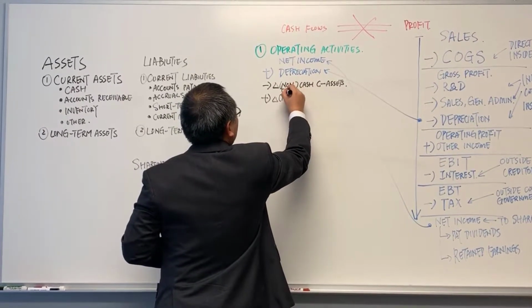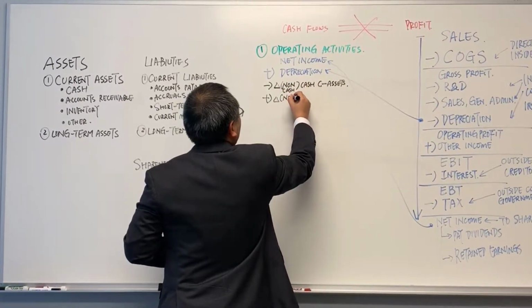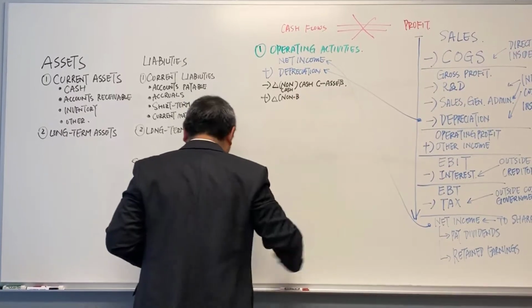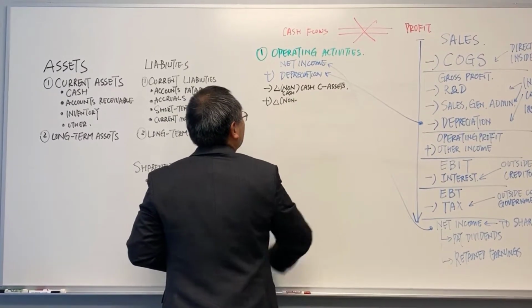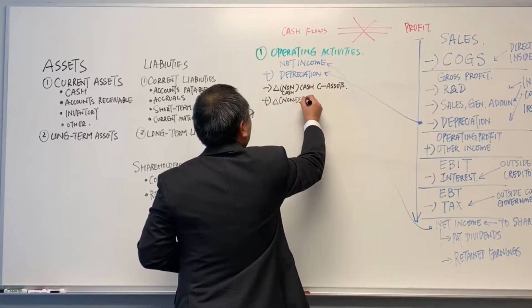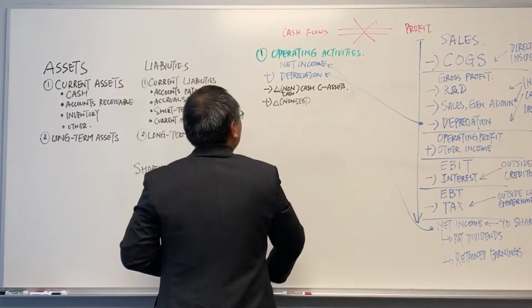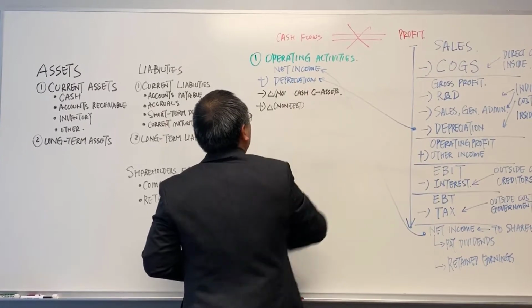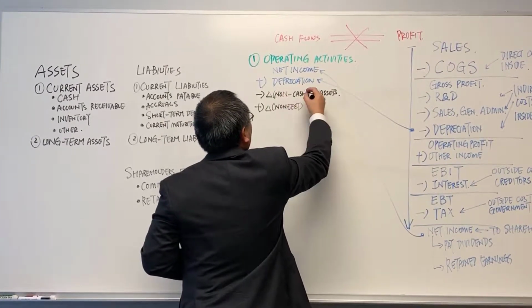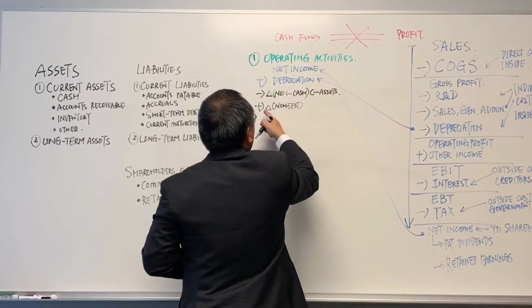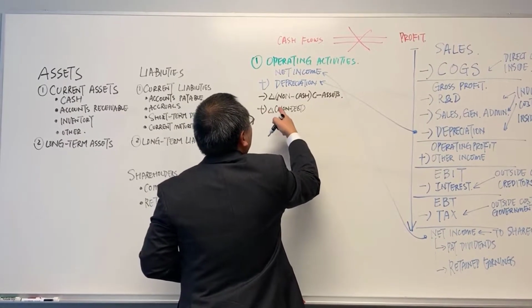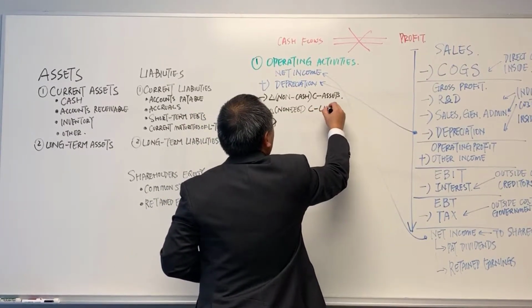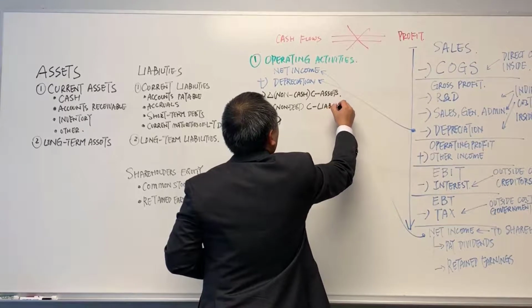I forgot a word in here: non-cash current assets, plus the change in the non-debt current liabilities.